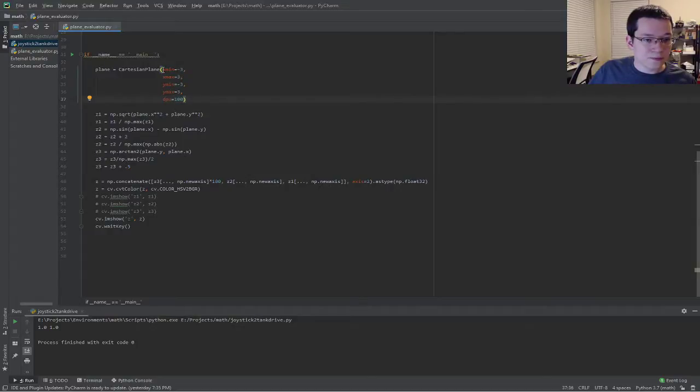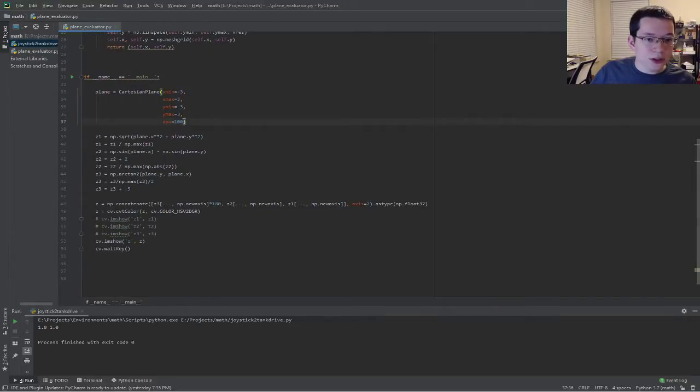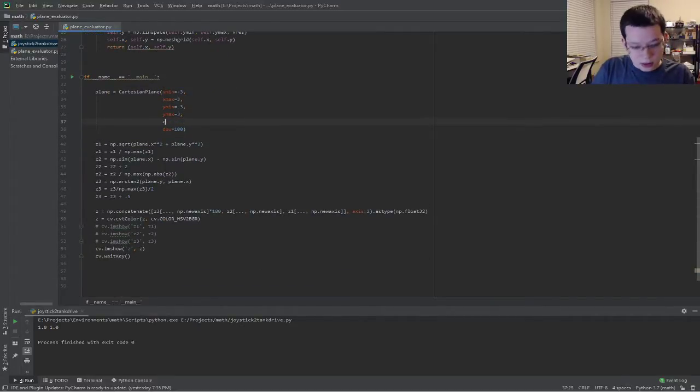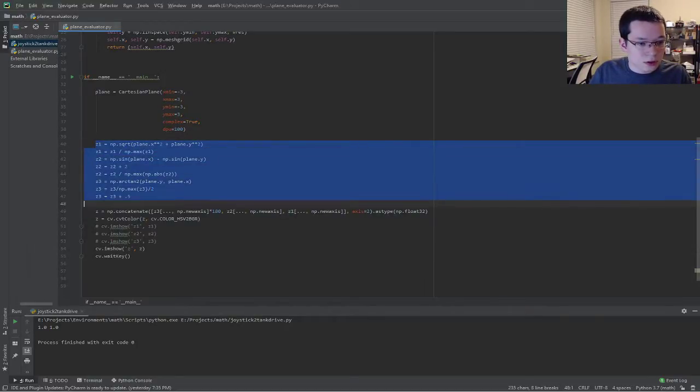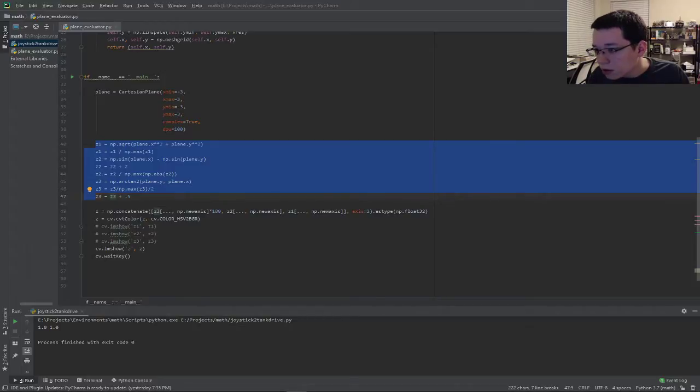And then I have a flag up here that lets me set it to complex. So we'll say complex equals true. So now it's going to be a complex plane. And this stuff I don't need anymore. Nothing should change for you.